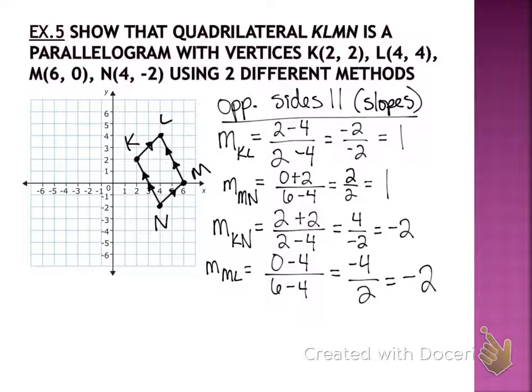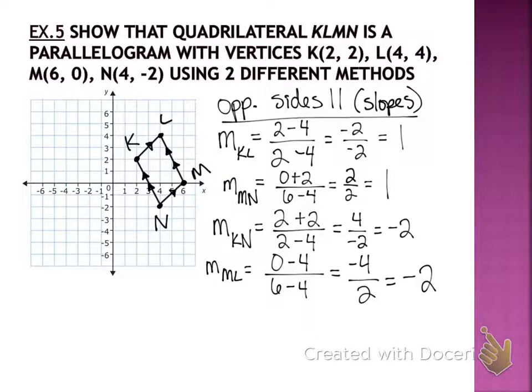We could use distance formula. There are a couple different ways we could use distance formula. We could find the distance of all four sides, right? Because we would want to show that opposite sides are congruent.